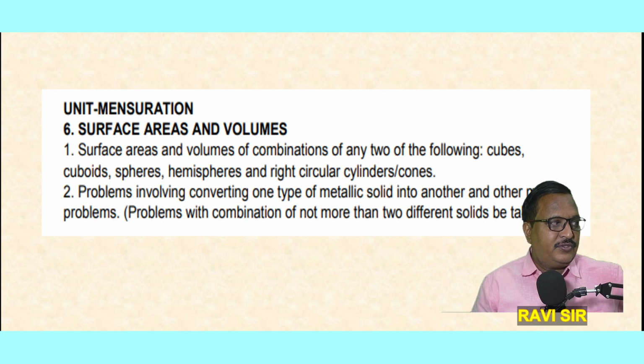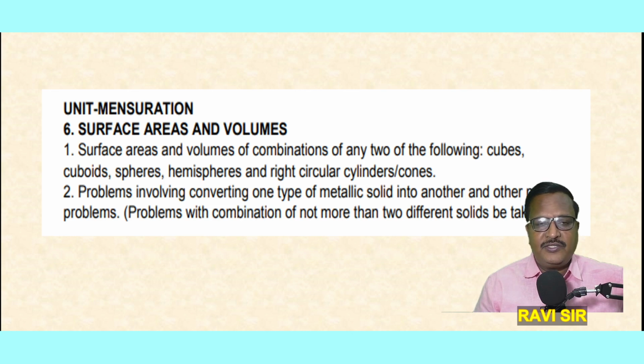Okay. So next, mensuration, surface areas and volumes. You are going to get 6 marks from this chapter. It is also one of the easiest chapters because you have been learning this since maybe 7th or 8th class.